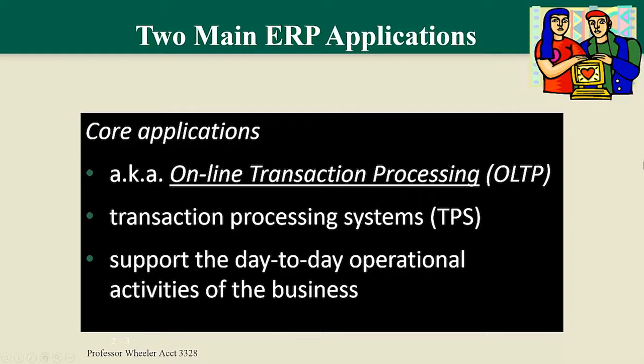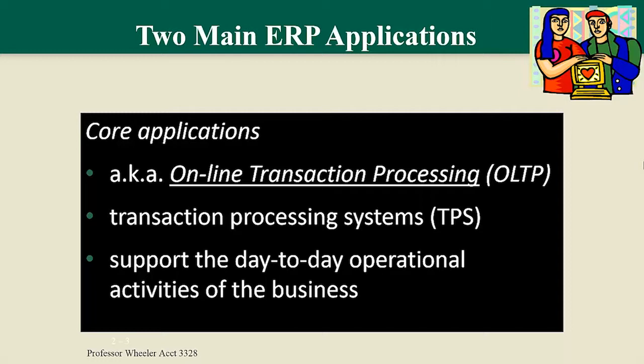The two main ERP applications, OLTP and OLAP, let's talk about the first one. OLTP, Online Transaction Processing, consists of core applications. These are the basic business functions that the company engages in. The OLTP supports transaction processing, and is often referred to as TPS, Transaction Processing System.